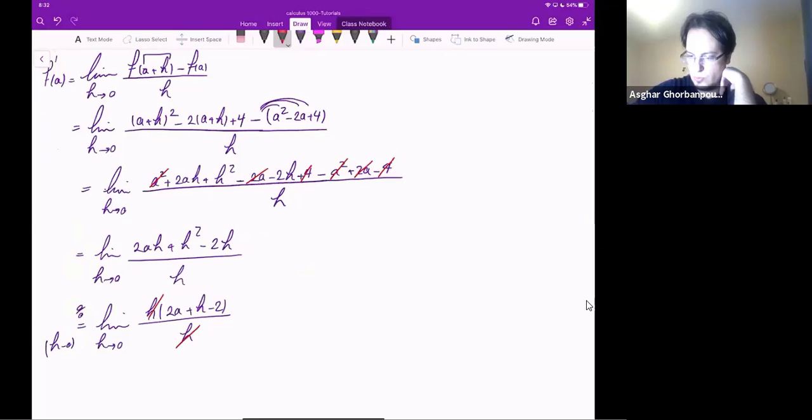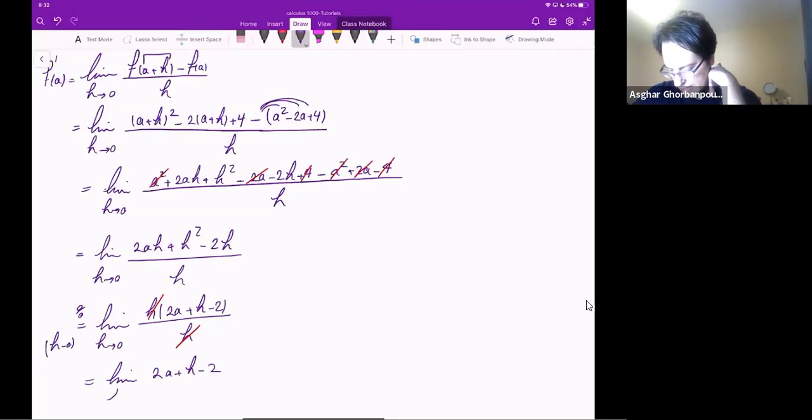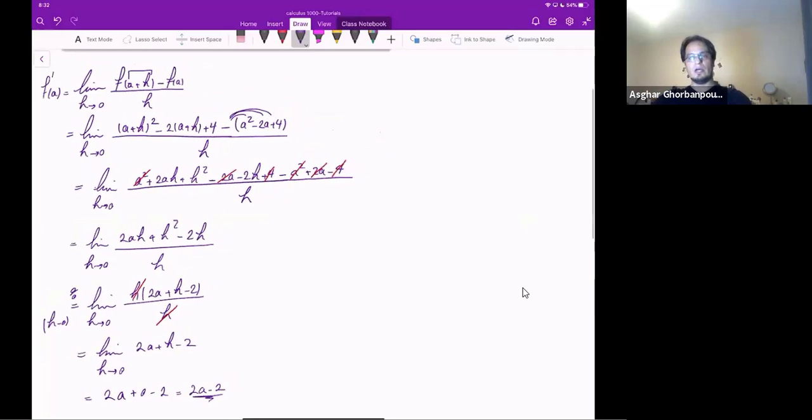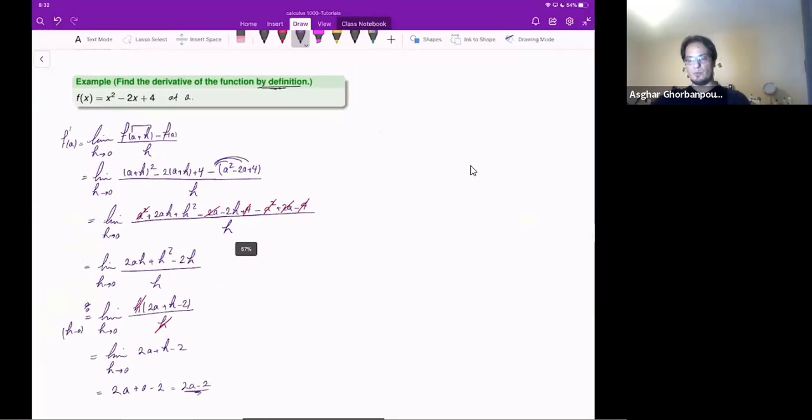You find the new limit as h goes to 0. And this is equal to 2a plus 0 minus 2, which is 2a minus 2. And that is what you get from the differentiation rules as well.